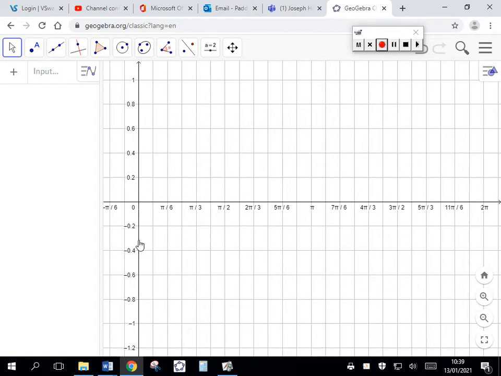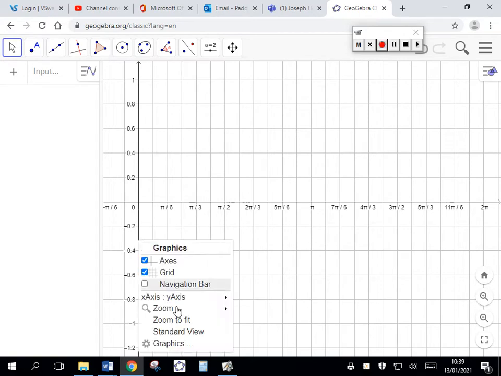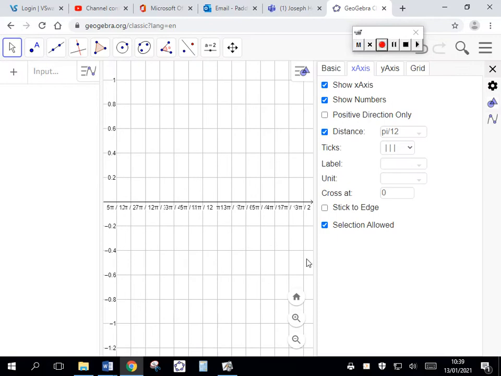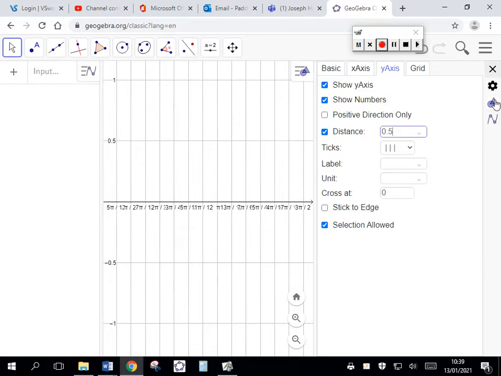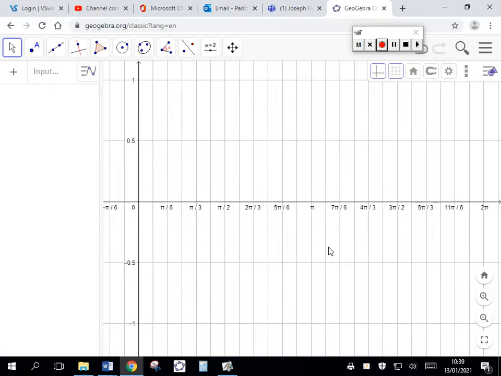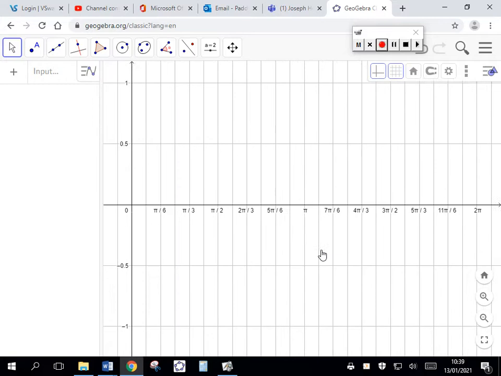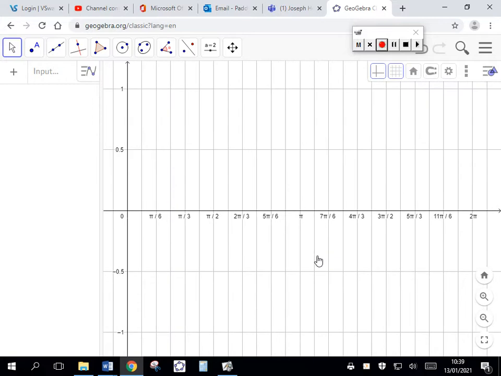I'm just going to right click again on this y-axis, go to graphics, go to my y-axis, and put a distance of 0.5 in there. Just makes it a bit less fussy looking. Okay, so this is what we have so far. These are all in radians. We could change those to degrees if you want. I'm going to just leave them here as radians.